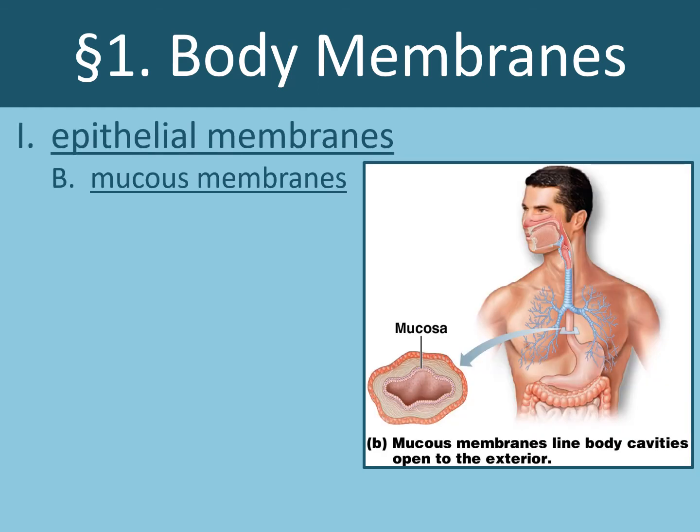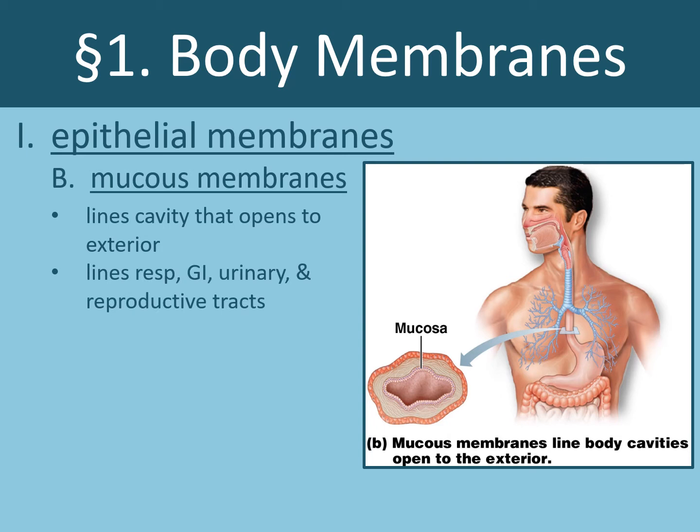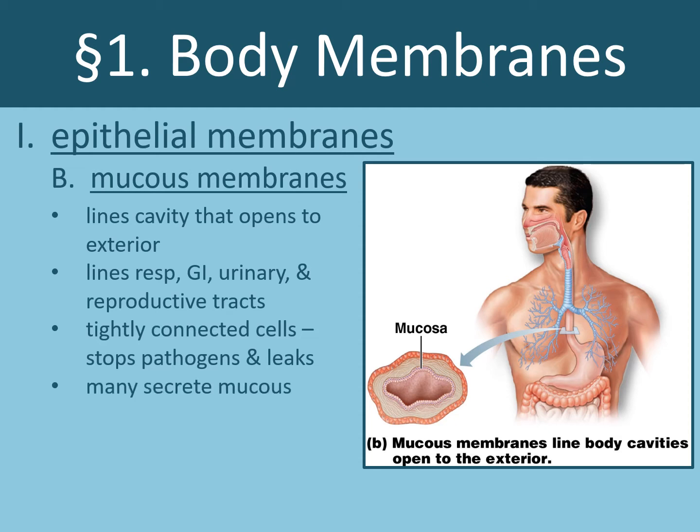The second type of epithelial membranes are the mucous membranes. They line cavities that open to the exterior of the body. They line the respiratory, gastrointestinal, urinary, and reproductive tracts. Mucous membranes are composed of cells that are connected tightly together. This functions to stop pathogens from entering our bodies and prevents fluids from leaking out.